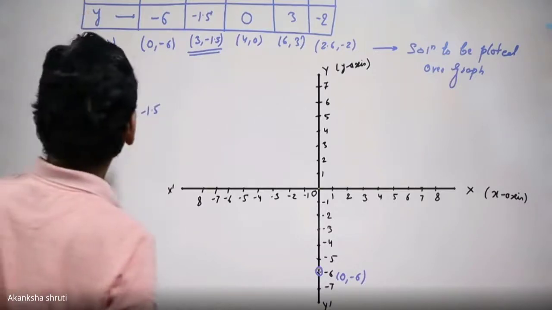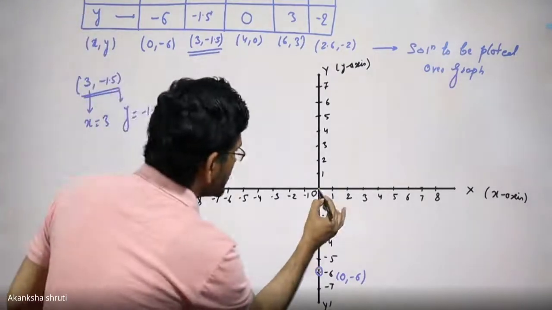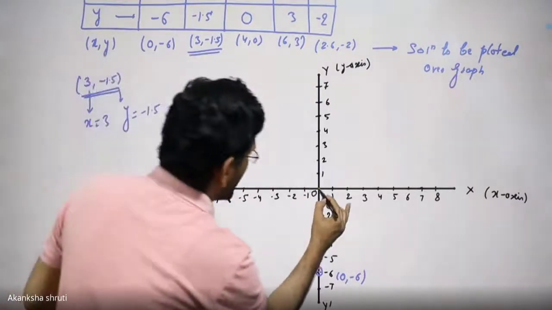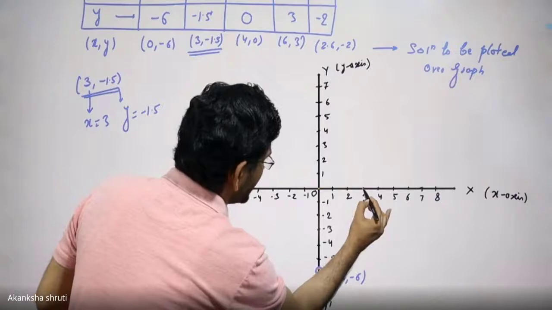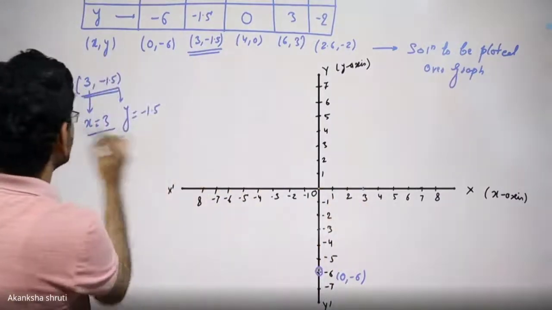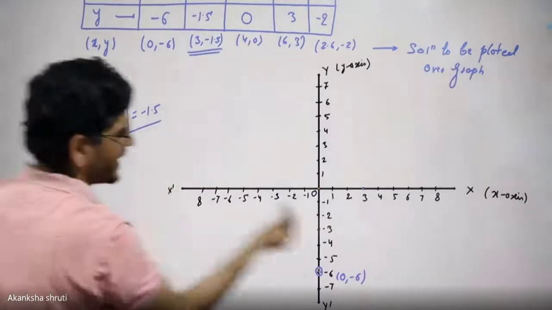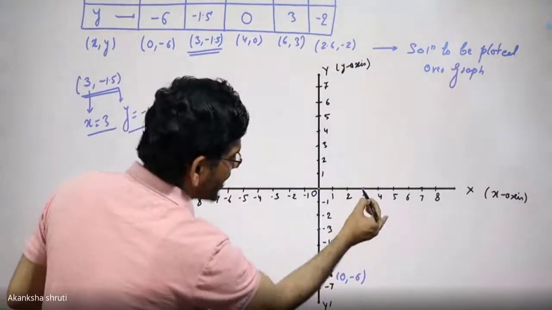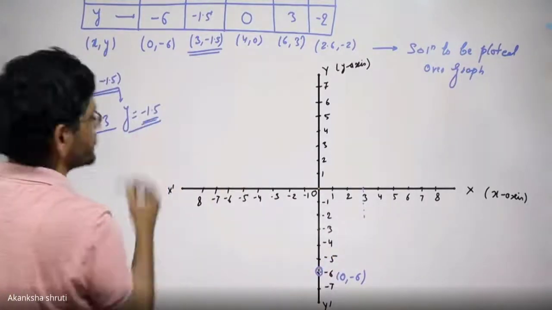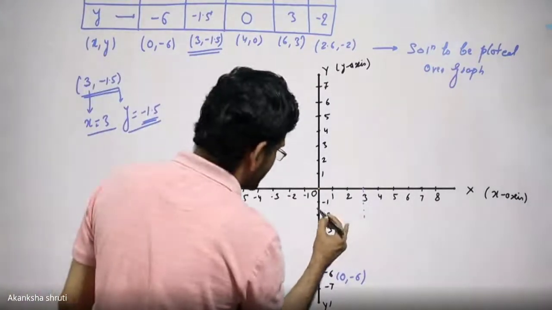For plotting the point 3, -1.5, we need to move 3 units. First we need to go to 3, but it is not this point yet, we have only moved 3 units on x. Then y is negative, which means we now need to go downward. How much downward? Students, it is -1.5, so it is in between these two.